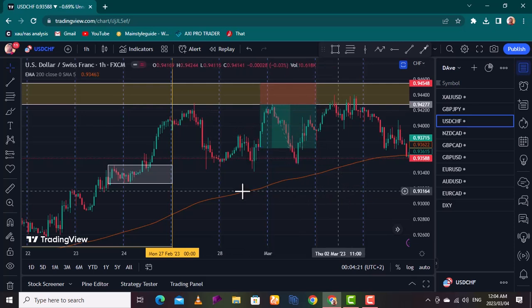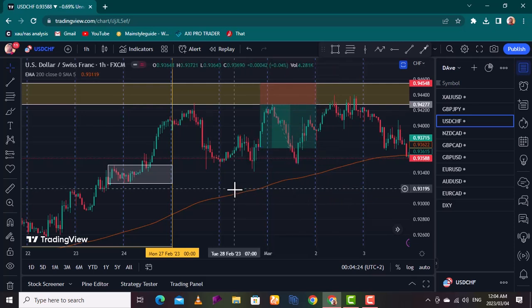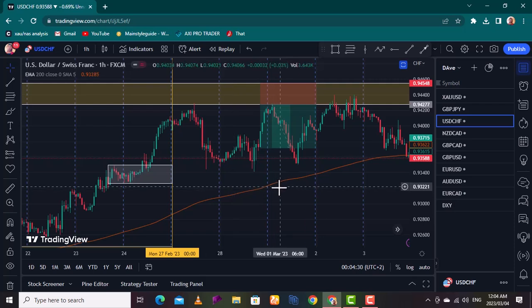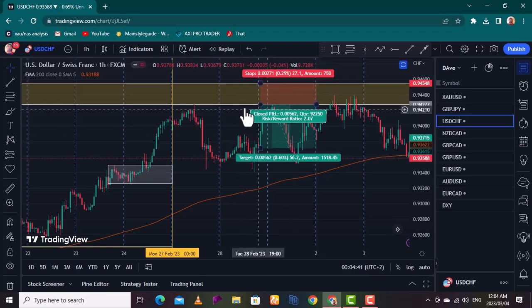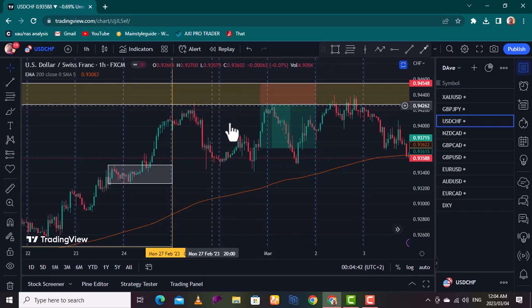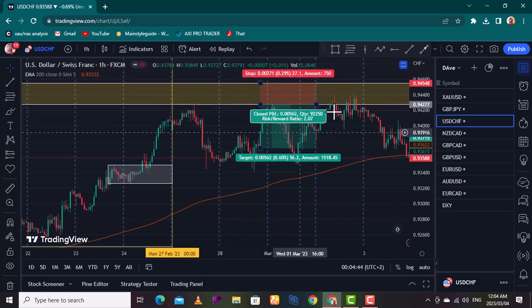Even though they're almost equal highs, they basically count as equal highs because there's a whole lot of liquidity there, okay. So you want price to take that liquidity first before you enter, right? So as soon as price traded above these two equal highs, I took my position, okay.